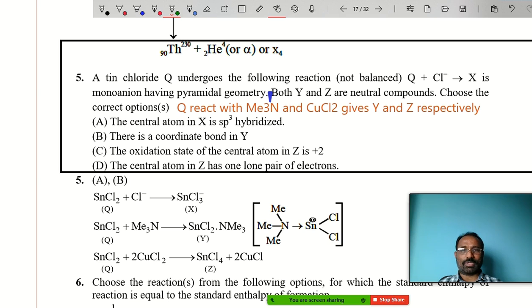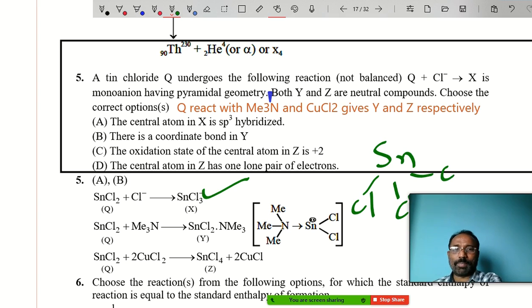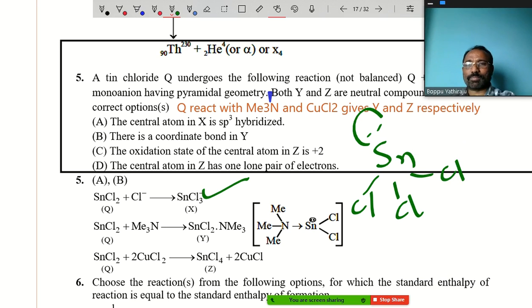Choose the correct options. Here what happened? SnCl2 reacts with the Cl minus ion, it gives SnCl3 minus. If you observe the structure of SnCl3 minus, it has 3 bond pairs and 1 lone pair. Therefore, it has a pyramidal structure and hybridization is sp3. Therefore, first statement A is right.